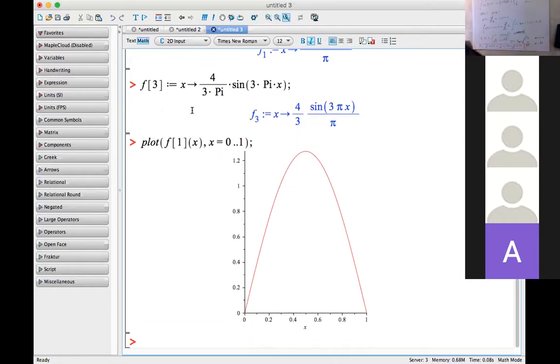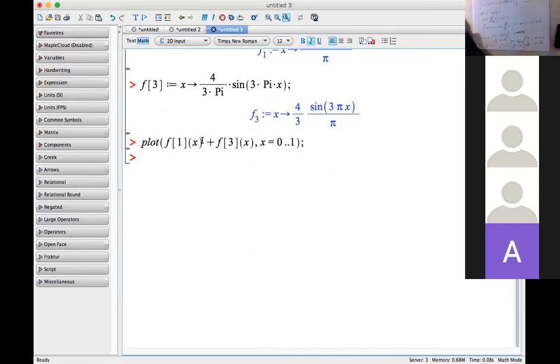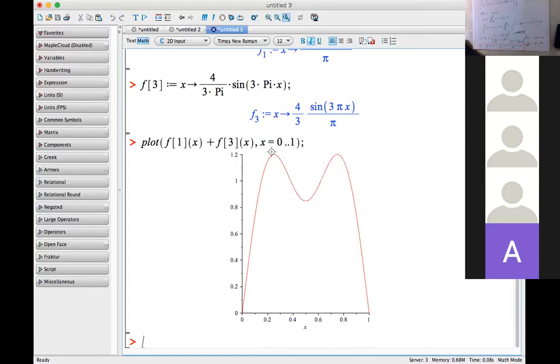And let me graph the sum of these two, f1 plus f3 of x. And actually, while I'm doing that, I should plot the constant function 1 in here, because that's what we're comparing it to. Yeah. So the red line is the constant function 1, and this is the sum of the first 2 terms of the Fourier series.